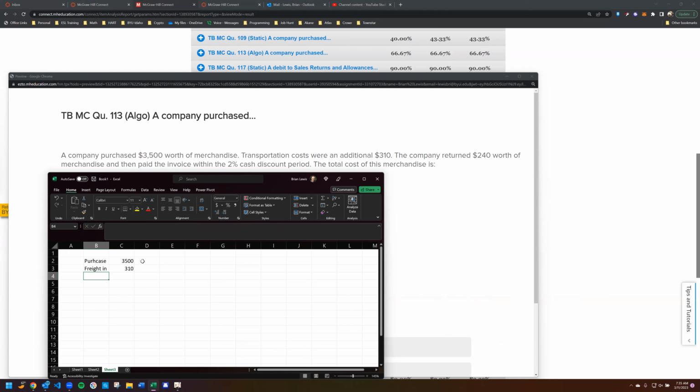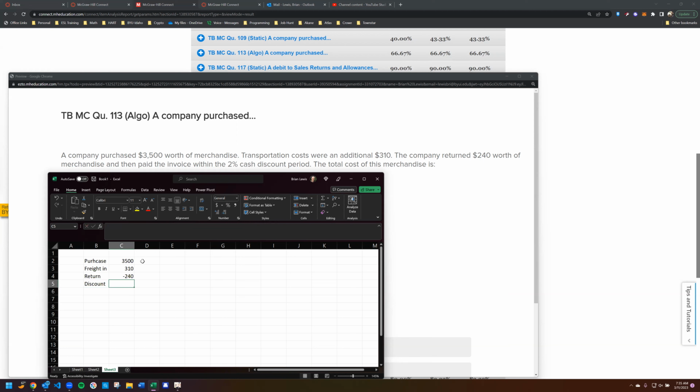The company returned, I'll start to do adds and subtracts here, $240 worth of merchandise. Minus 240. And then paid the invoice with a 2% cash discount.